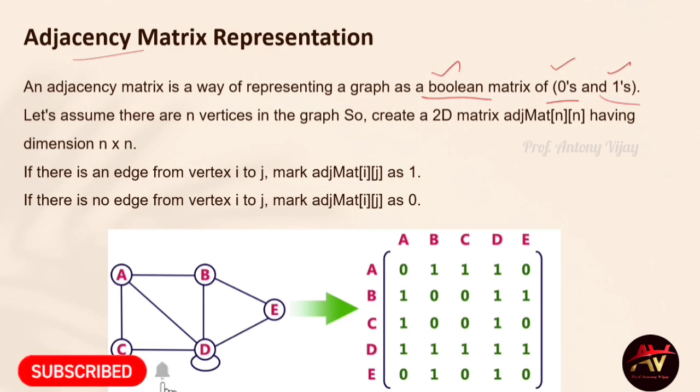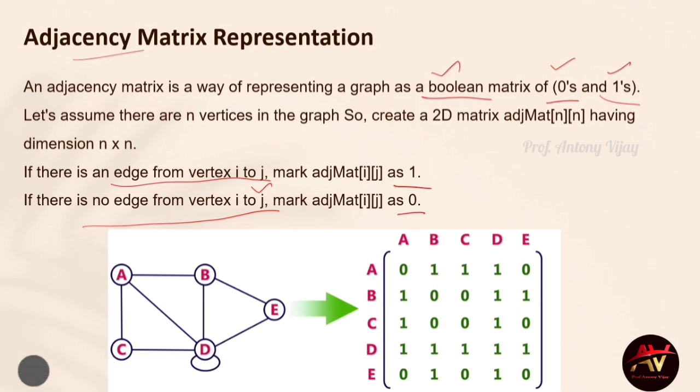If there is an edge between two vertices i and j, it will be represented as 1. If there is no edge between vertices i and j, it will be represented as 0. So it will be in the form of a matrix, like 0 0, 0 1, 0 2, 0 3, likewise. In the for loop we will take care of it like that.